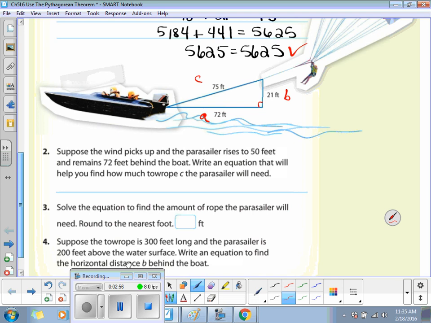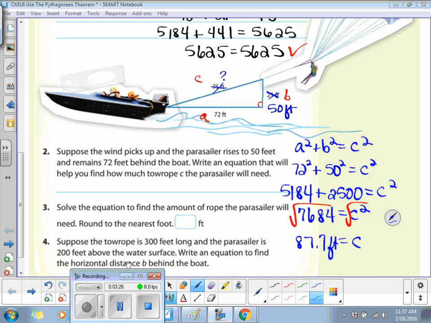So now we're going to change. It says, suppose the wind picks up and the parasail rises to 50 feet. He or she, I don't know, stays at 72 feet behind the boat. We want to now solve for C, right? So we do that by using our Pythagorean theorem. 72 stays the same.